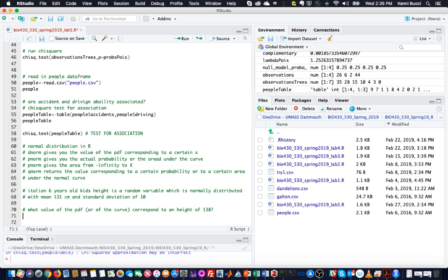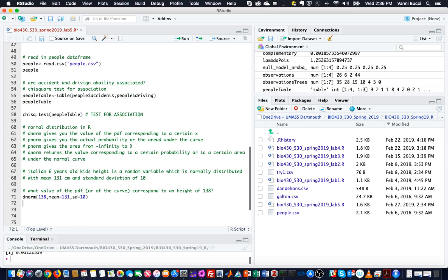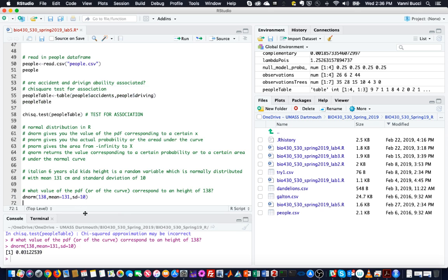So again, I'm looking for the value on the curve, right? The value, not the area. So I'm using dnorm. dnorm 138, comma, mean equal 131, comma, SD equal to 10. And it tells me that the value on the curve is 0.03.